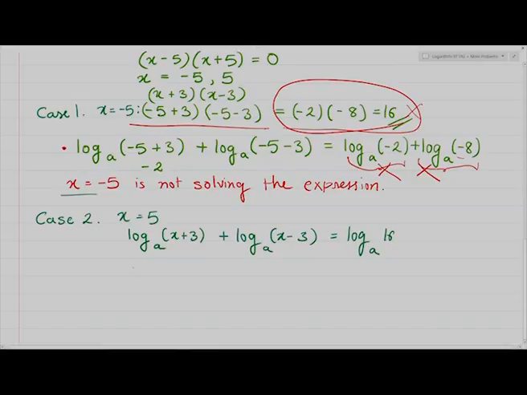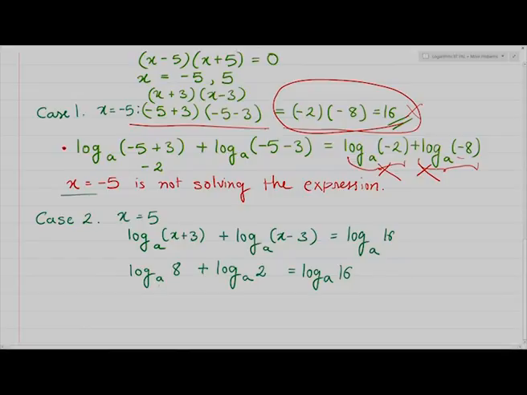Okay. So, if I put this, then I get log of 5 plus 3, which is 8, plus log of 5 minus 3, which is 2, which is equal to log to the base a of 16, right.